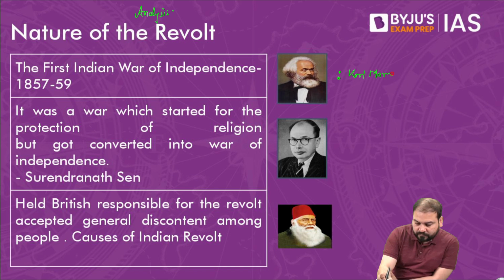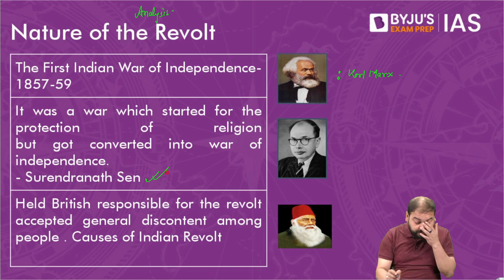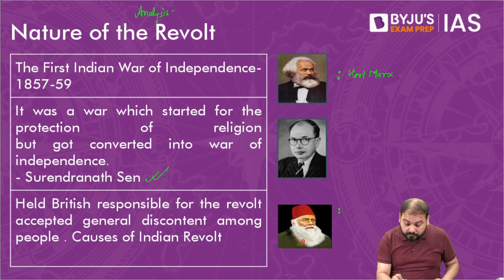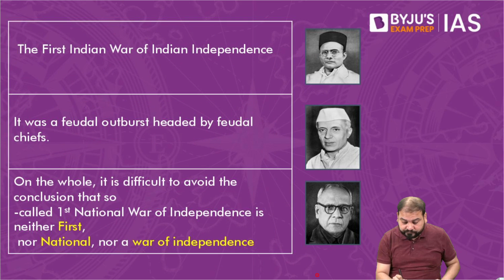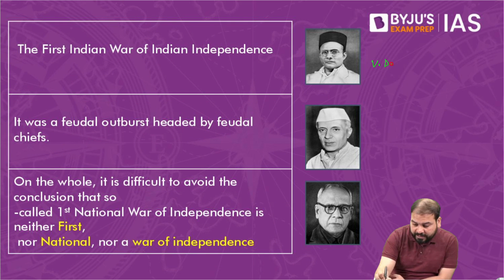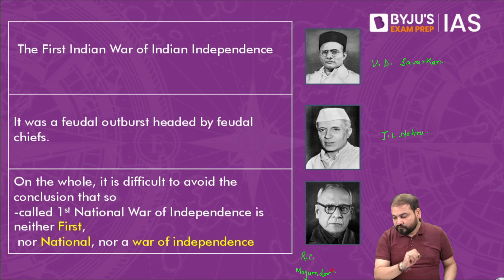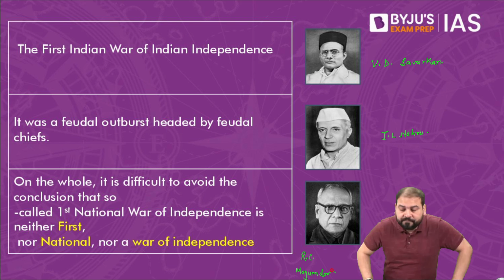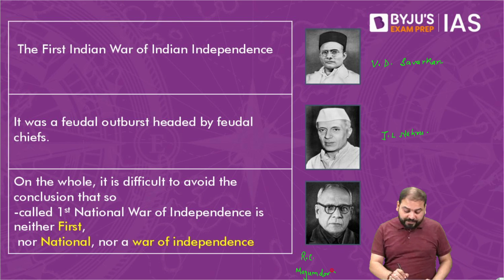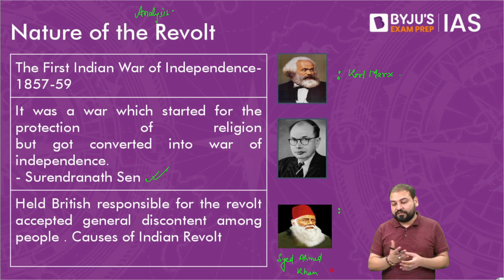Karl Marx, Surendranath Sen, Syed Ahmad Khan, Vinayak Damodar Savarkar, Jawaharlal Nehru, R.C. Majumdar. All of you, can you see this? From our perspective, how do we define this revolt of 1857?